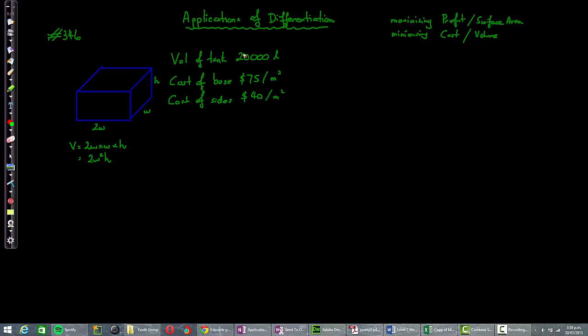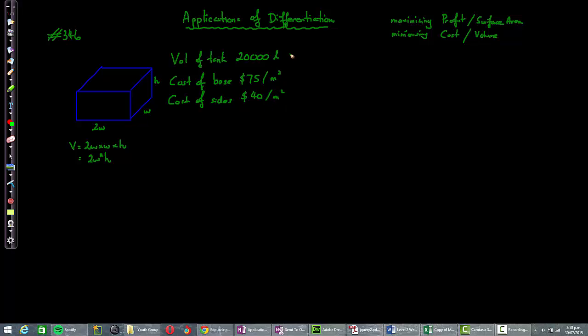And we actually know what the volume is. It's 20,000 litres. Now notice these units, though: these are in meters squared, something about the cost of the area of the sides and the base. But this is in litres. Well, meters and litres are just not compatible units. They're different units.